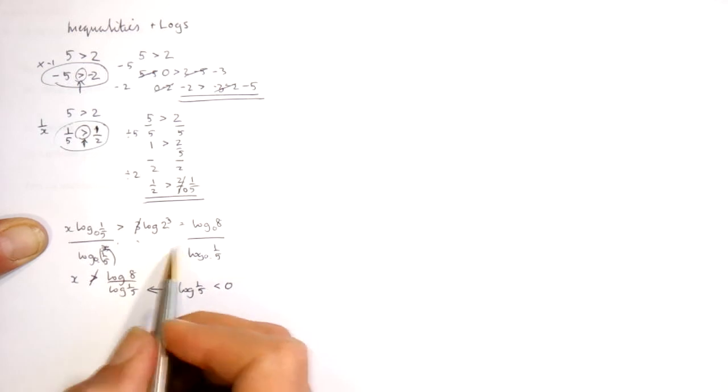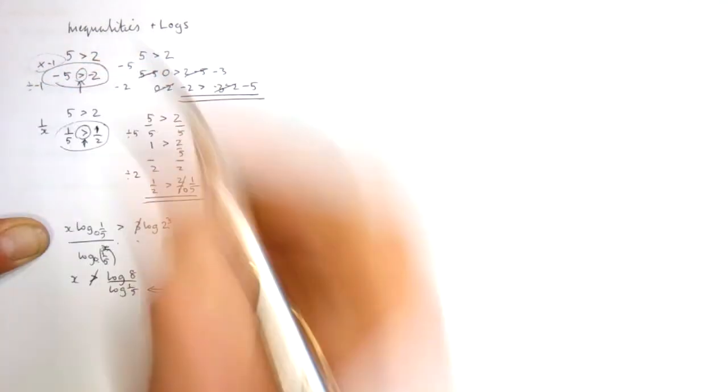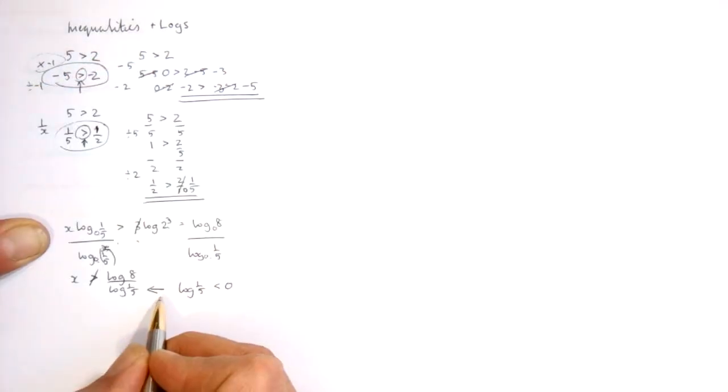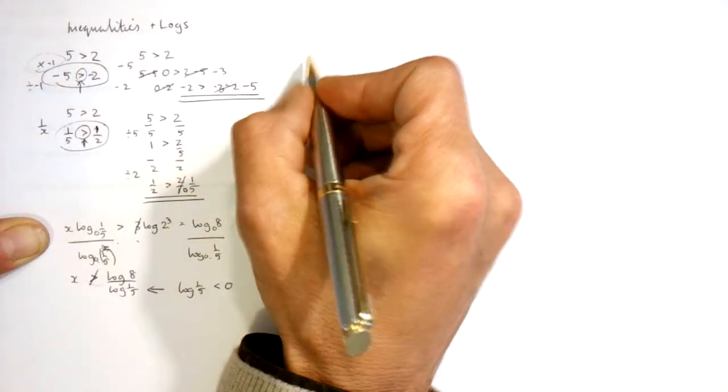And so what we're doing is, instead of times by minus 1 as we do up there, this is the same as if we divide by minus 1. So if we divide by a negative, we have to think about the inequality situation. Let's have a go at that.